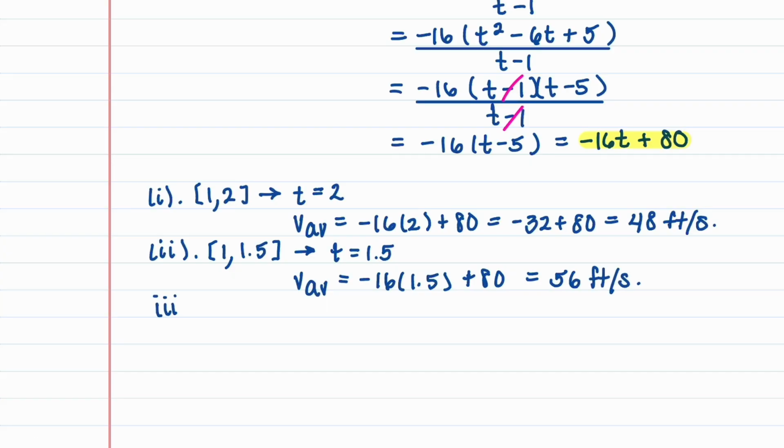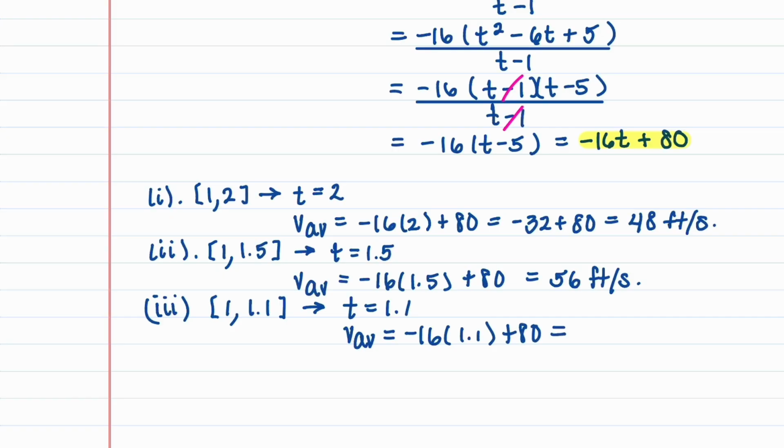Let's now look at our third interval. It goes from 1 to 1.1. We're going to do the same thing. t is equal to 1.1. Our average velocity is then minus 16 times 1.1 plus 80, and this gives us an answer of 62.4 feet per second.